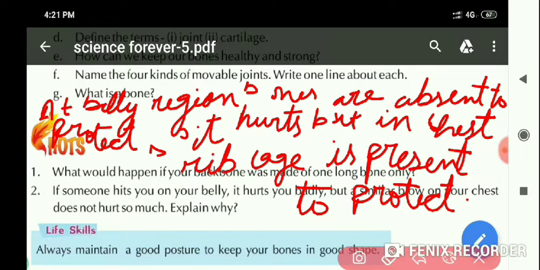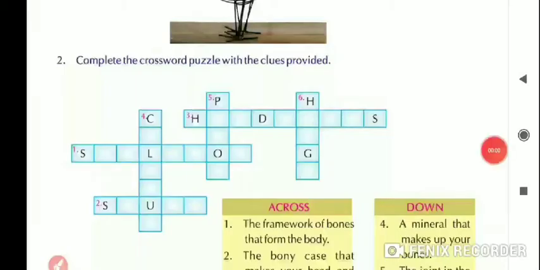So this is answer for HOTS question 2. At belly region, bones are absent to protect, so it hurts. But in chest region, rib cage is present to protect. That is why it does not hurt so much. Okay, so this is answer for question number 2. Now move to next page.